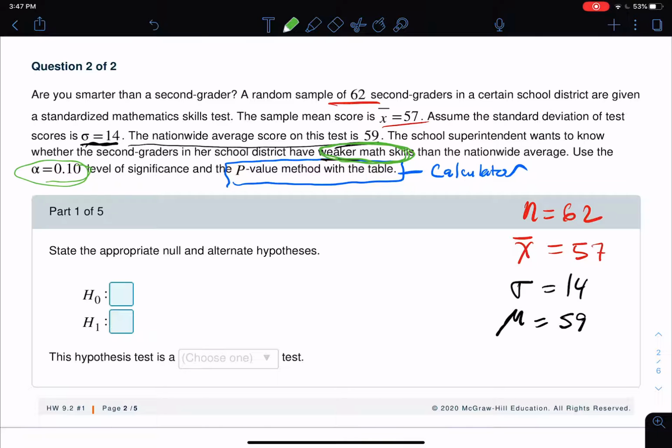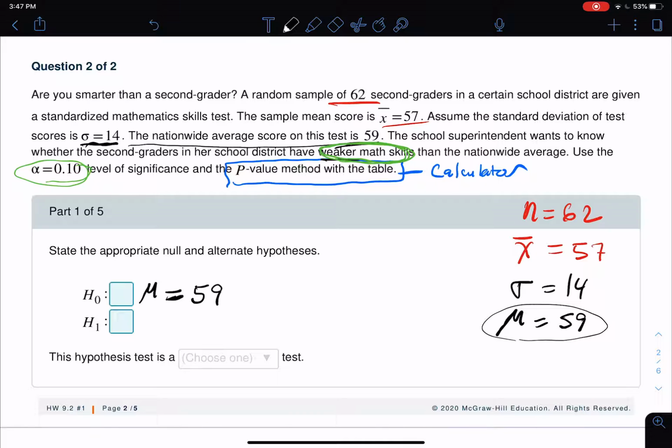So let's get to the business of figuring out what H sub 0 is. H sub 0 is going to be our population mean. Remember, H sub 0 will always have an equal sign involved, and that helps us remember. Whereas H sub 1 is going to have some kind of inequality: not equal to, less than, greater than.